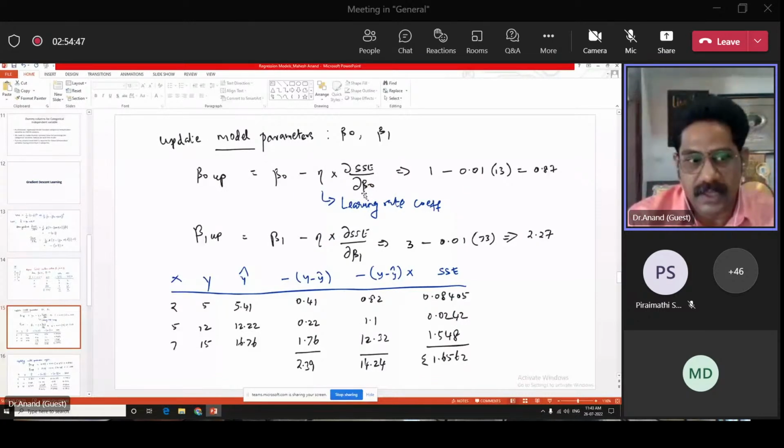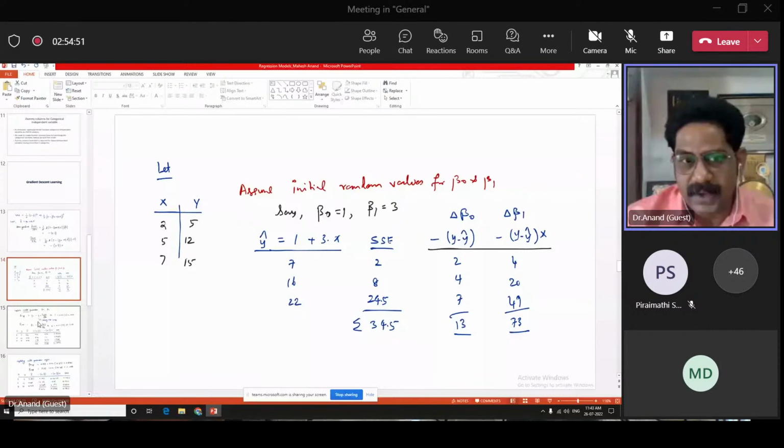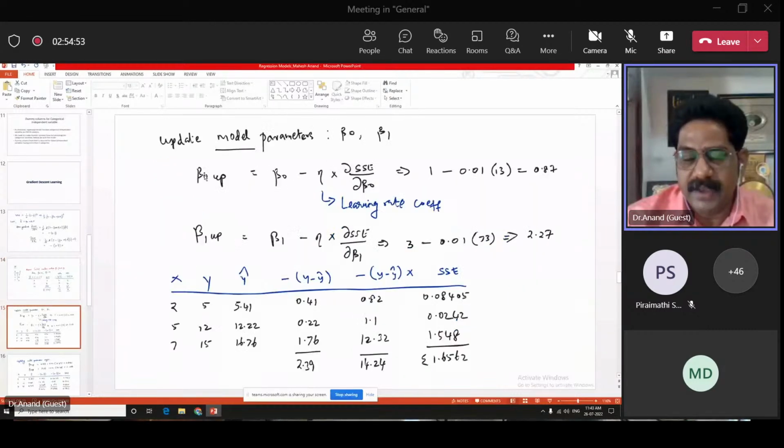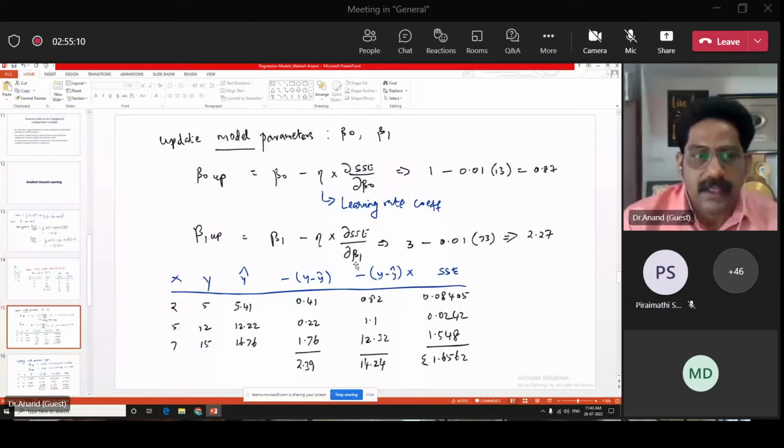So you know this formula: the updated intercept is given by your initial beta naught minus eta times this gradient term, dou SSE by dou beta naught. To update the slope, I should substitute dou SSE by dou beta 1. At what rate should I adjust my slope so that I can minimize the error? That is the logic here.